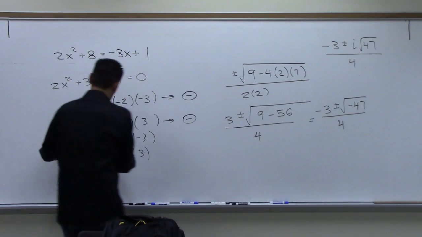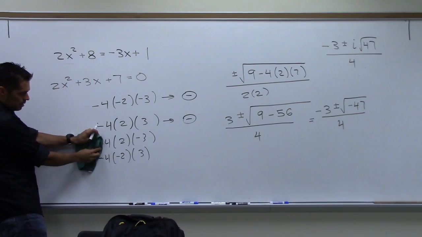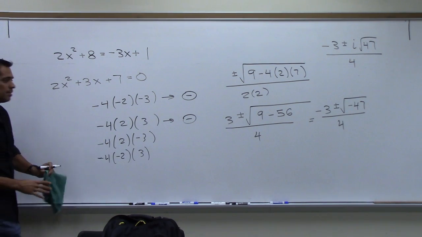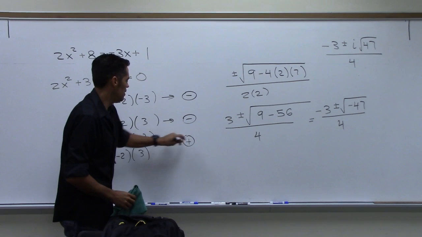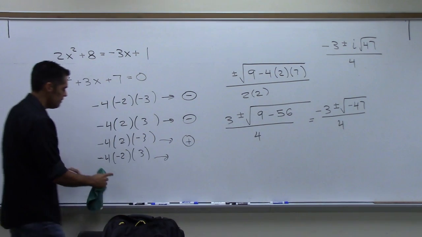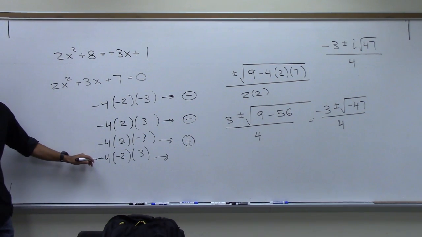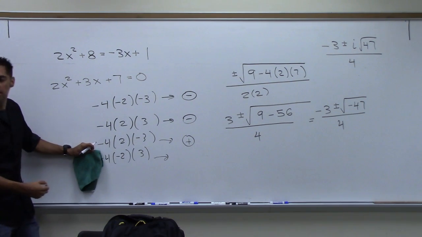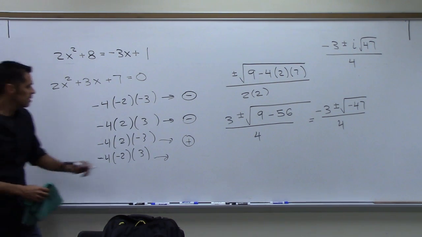Cover this up, you would have what? Those would go together to be a negative, but then you're subtracting it, so it would be plus. And in this case you would have negative, and then subtract it, and you would have plus.